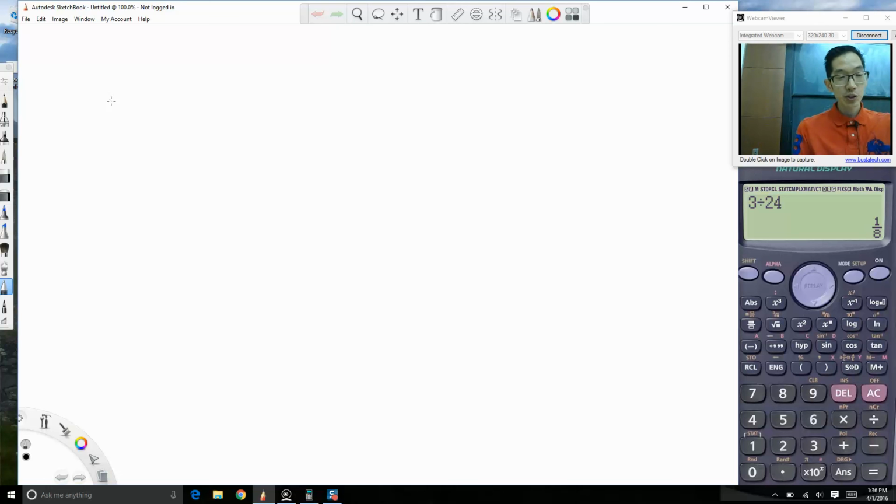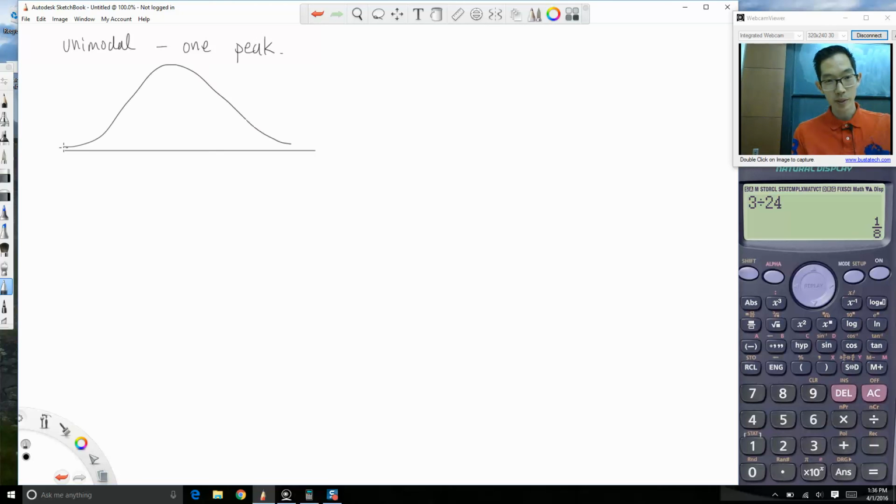Those distributions were what we call unimodal. So the term unimodal means one peak. Okay, so when you talked about basic statistics in middle school, you've probably learned about the mode being the most common value.